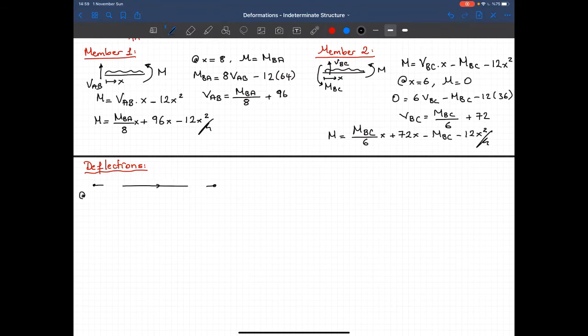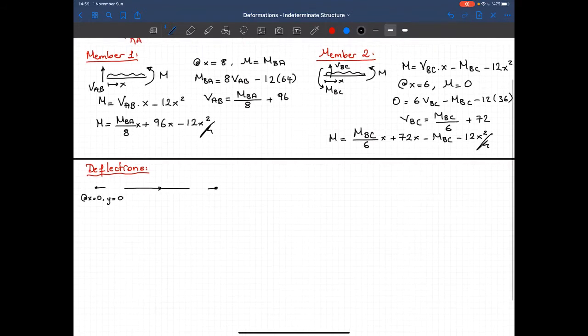So at x equal to 0, y is equal to 0, and at x equal to 8, y is equal to 0, and dy over dx is equal to theta b. I'm writing the deflection again for member 1.